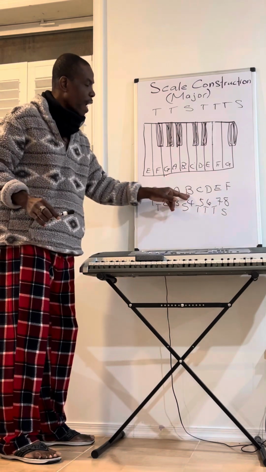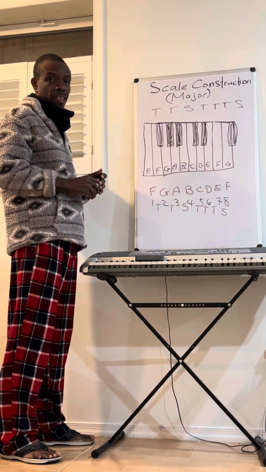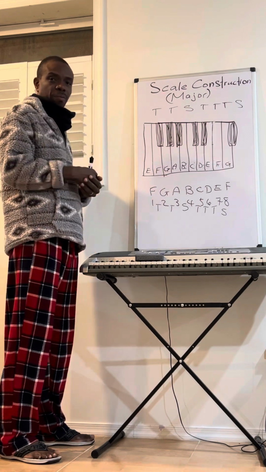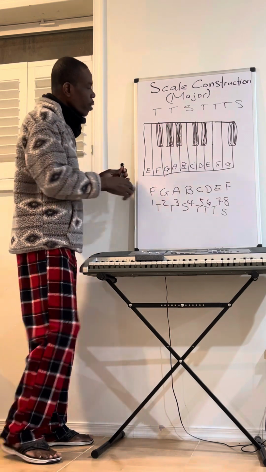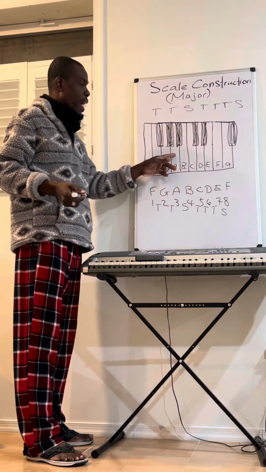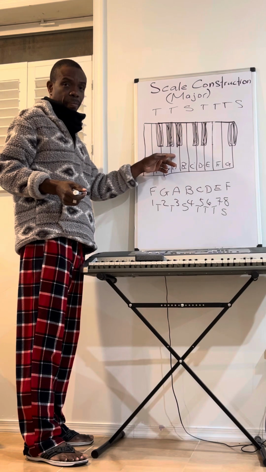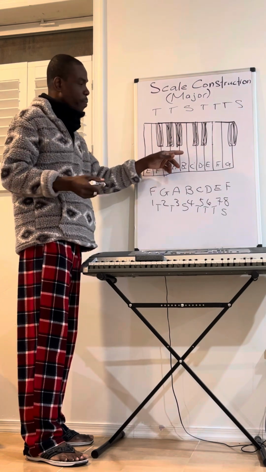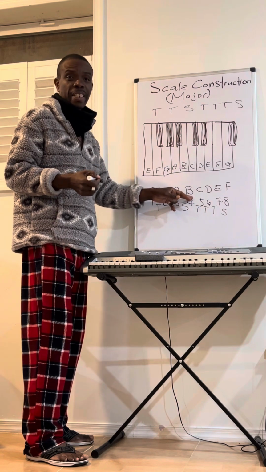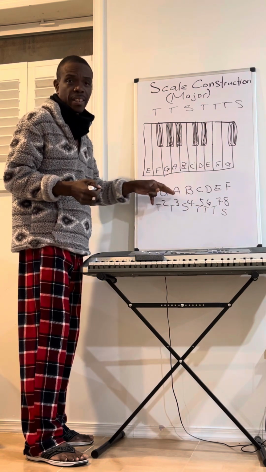Now we must have the letter B because the notes must progress in alphabetical order. Right? So this note that is between A and B can have an A name, A something, or a B name, B something. We have to use the name that has B in it because we have B in the scale.